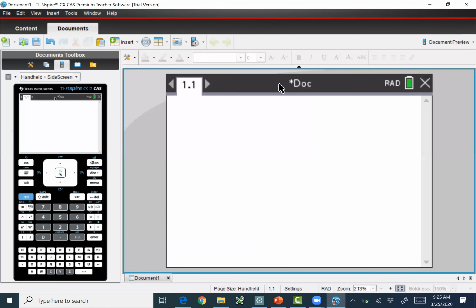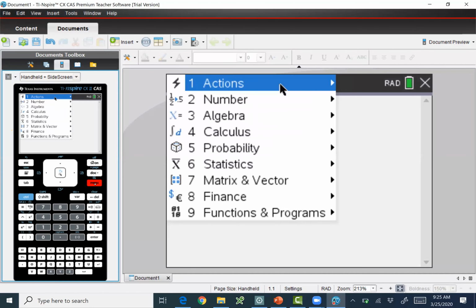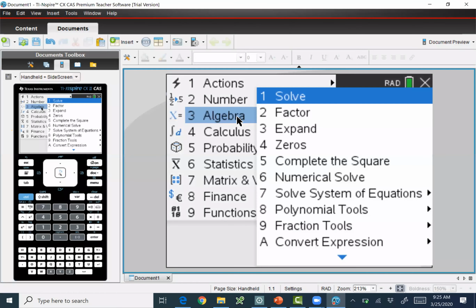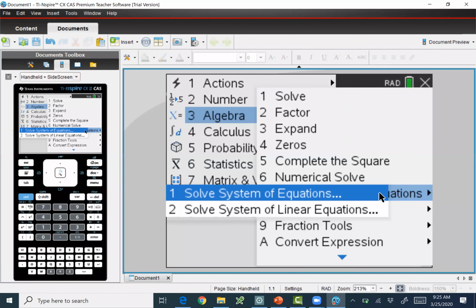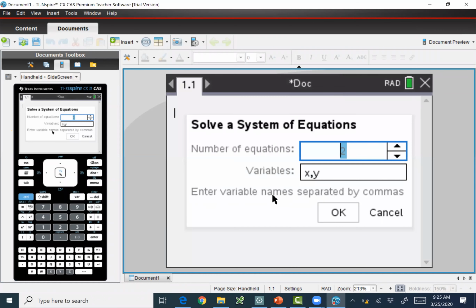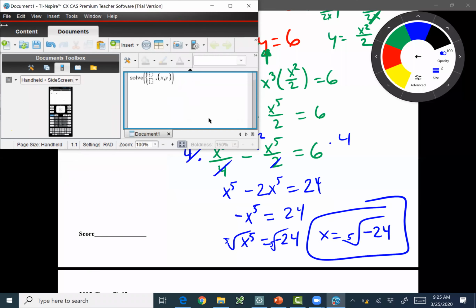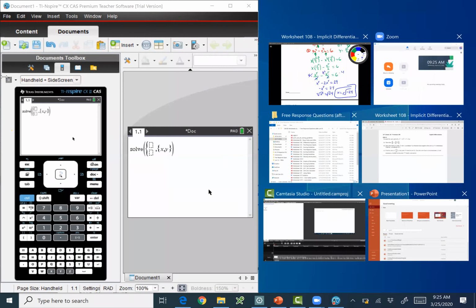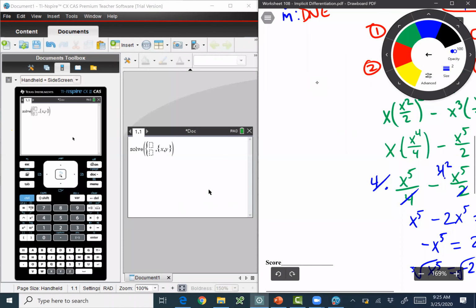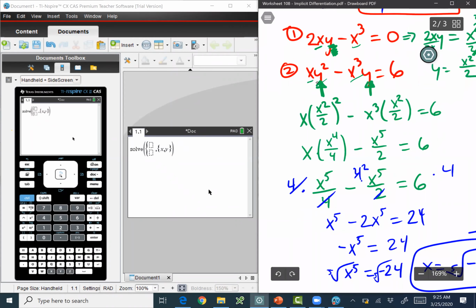So anyways, in menu and then in algebra, there's solve system of equations. They're not linear, so we're going to pick the first one. We have 2 variables. They were x and y. And then from here, we would just type in these 2 equations.